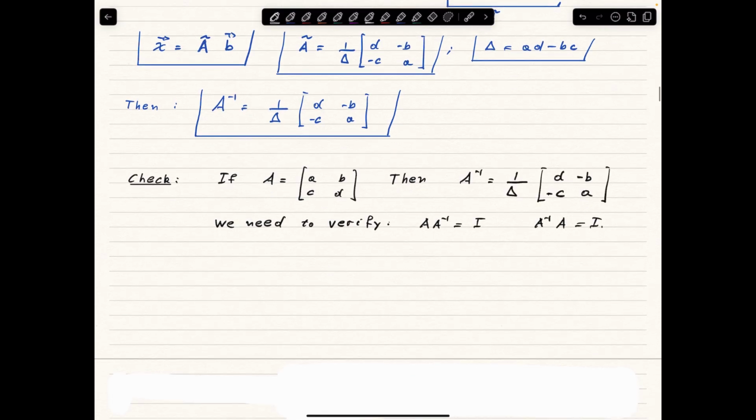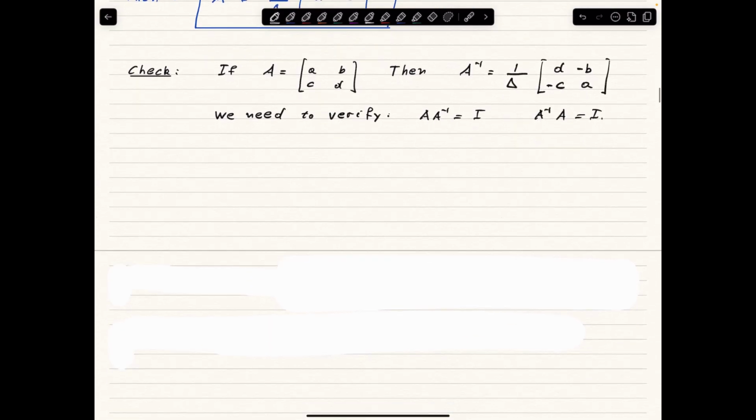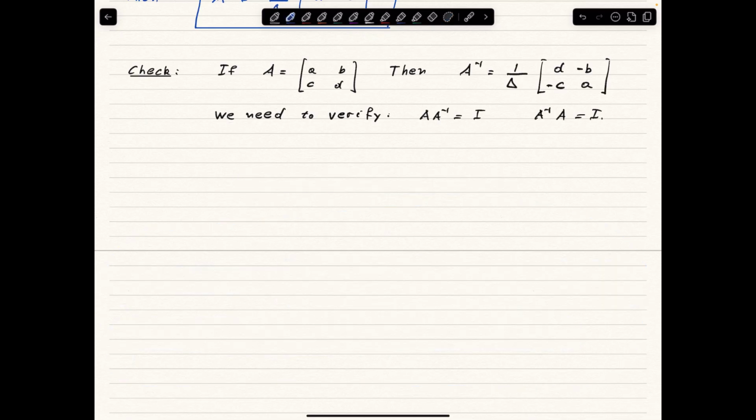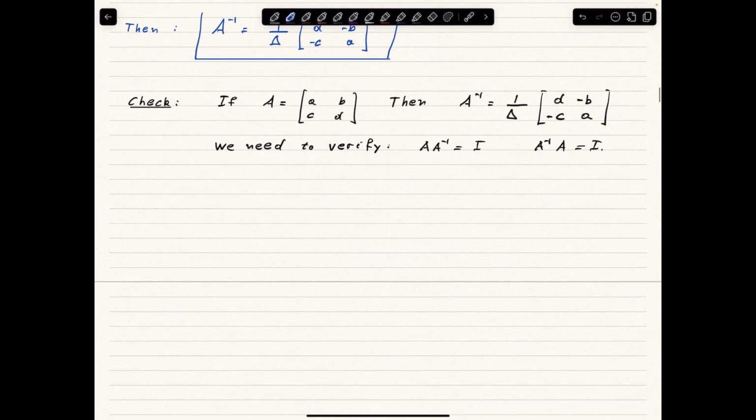So let's check that. Let's do this calculation. Let's do it on this side first. A inverse, that matrix we found, times A, what is that equal to?